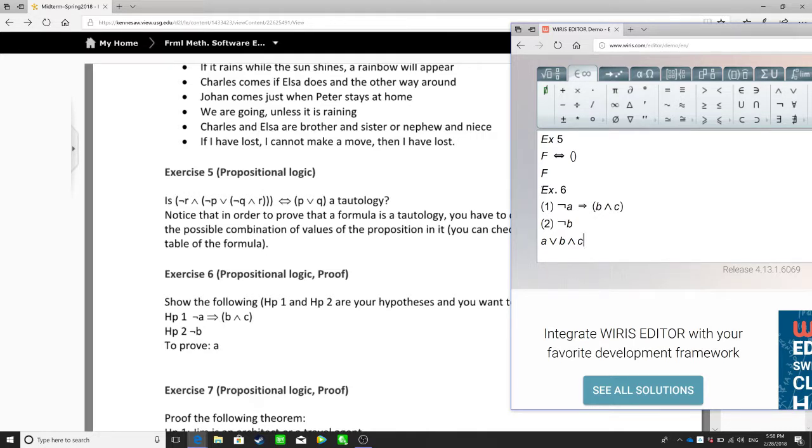Okay, so it's A or B and C, and then what else? What did you do next?